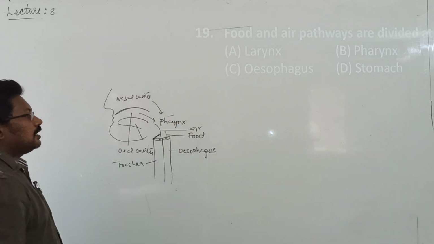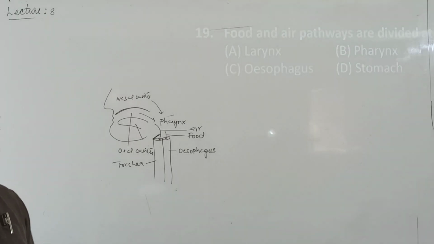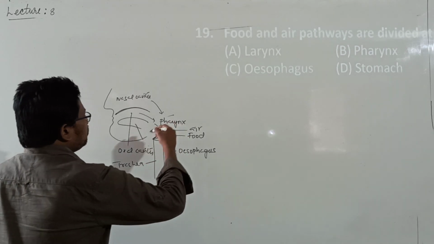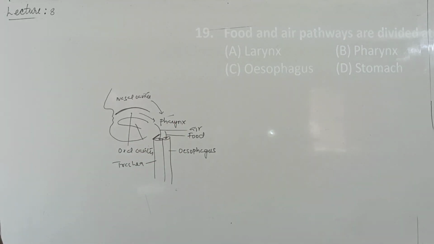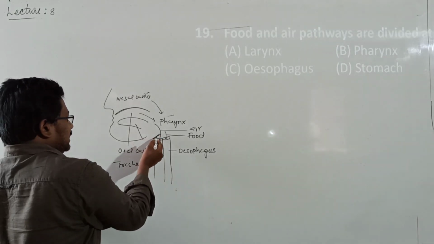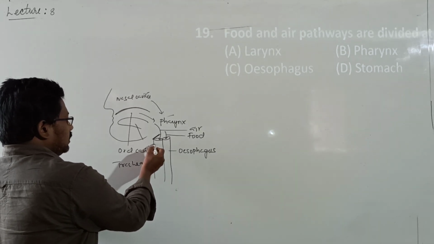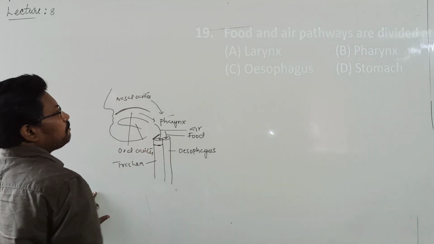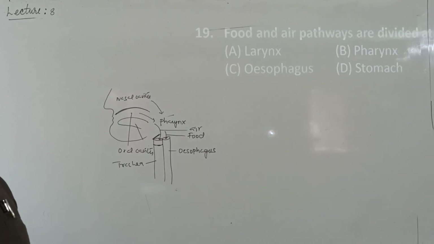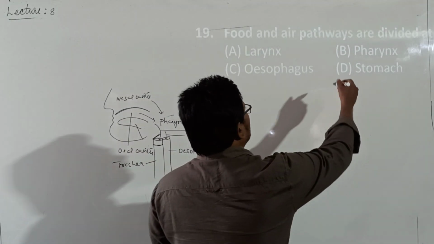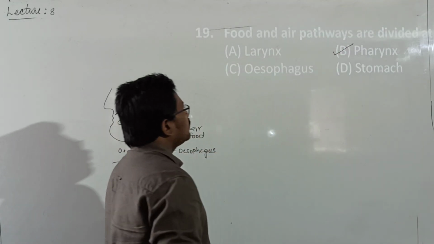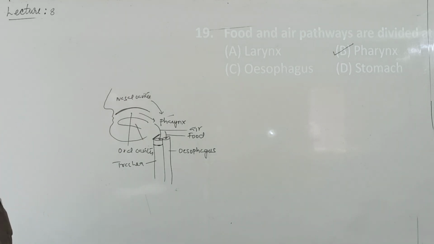So in the pharynx region, especially you can call this region the laryngopharynx region, where you see the presence of the larynx at the tip of the trachea. So food and air pathways are divided at the pharynx. So B option will be the right option in this case.